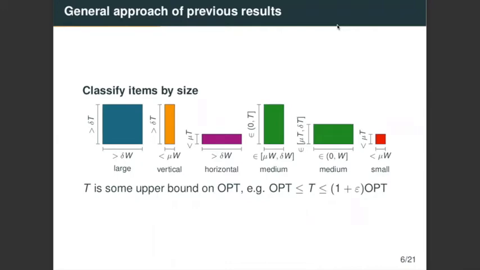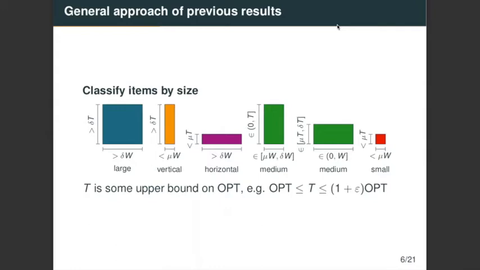Now the heights of each item can be classified into three groups. The first class is when the height is at least delta T. In this case, we say that the item has a large height. Or the height stands between mu T and delta T, which we say the item has medium height, or the height is less than mu T. In this case, we say that the item has a small height.